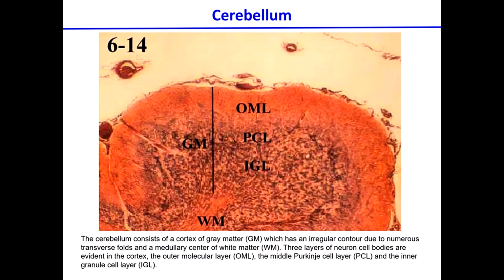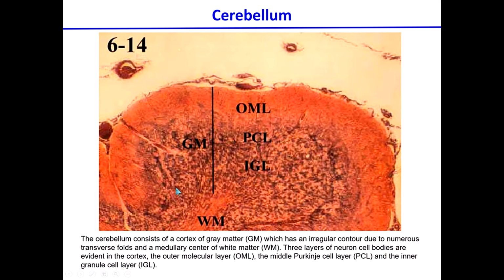Now this is the cerebellum, with its different layers. Remember, in the cerebellum the gray matter is outside, which doesn't look very gray in this particular stain. This is what I've been saying about the influence of the staining.